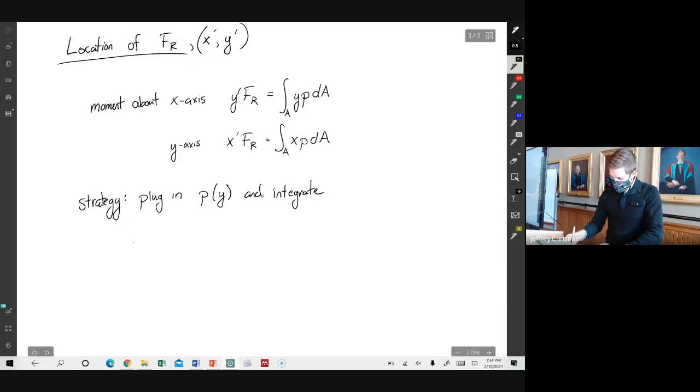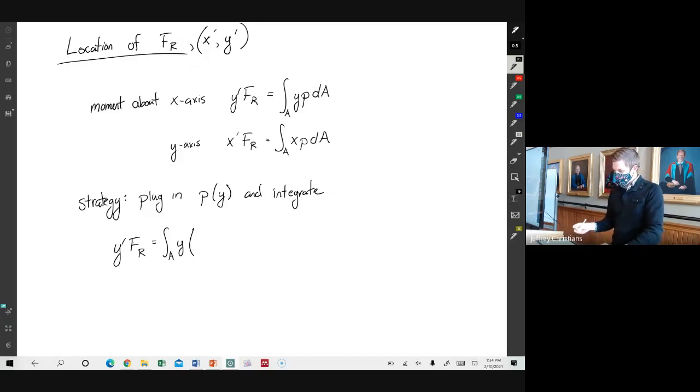So we have y prime FR is the integral of A, and then I'm going to plug everything in. So that's y. So pressure as a function of distance in the y direction. That's the same as what it was before.